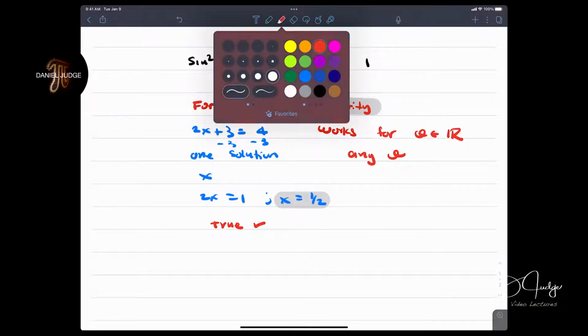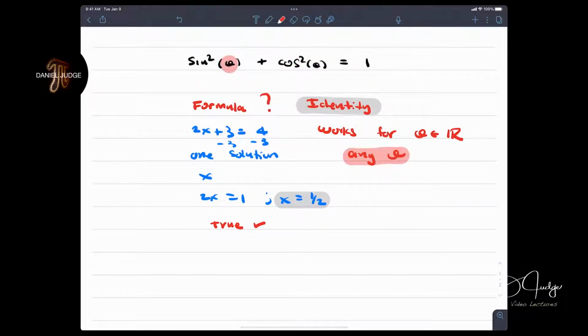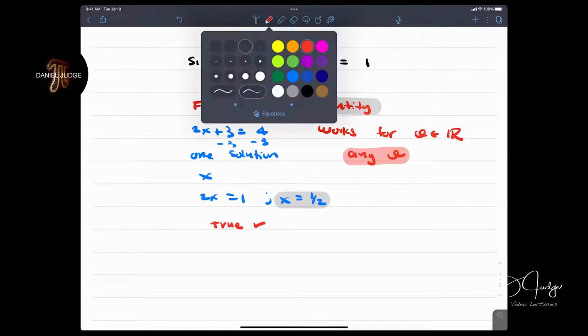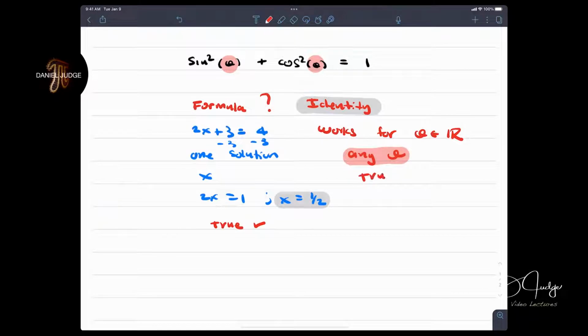So any number I plug in here in this particular identity will give you a true statement. So this is the difference between what we call an identity and really just a formula. Formulas work for one or two values. Identities work for all real numbers. So I can plug in anything there for theta, and it's going to be true. It'll satisfy that particular equation here. So identities are really useful and powerful. They're equivalent statements.